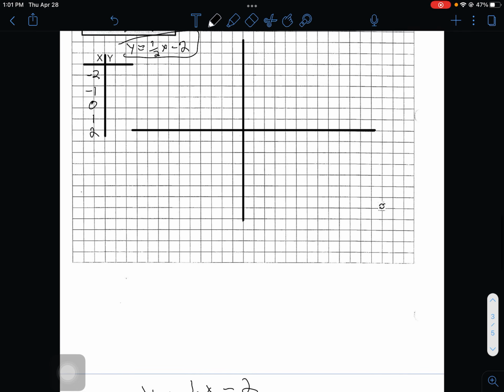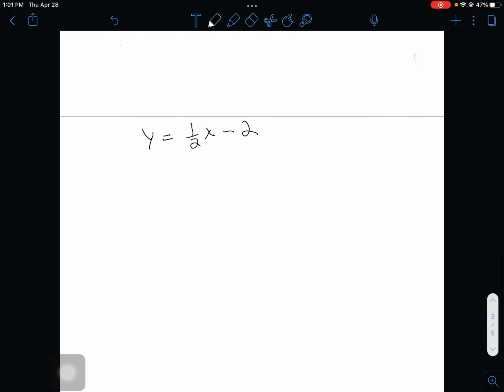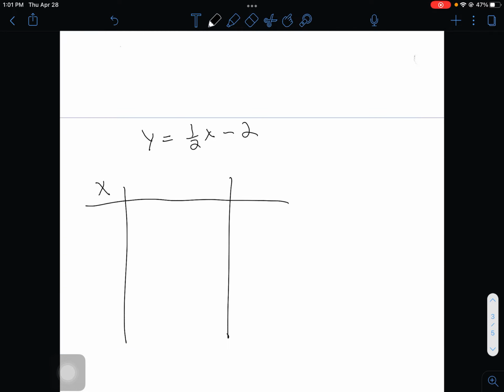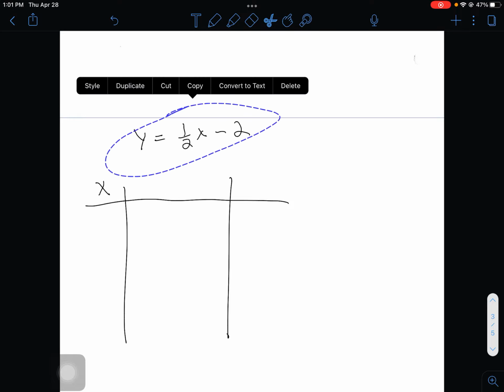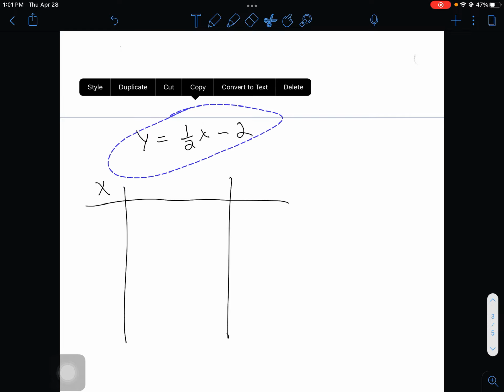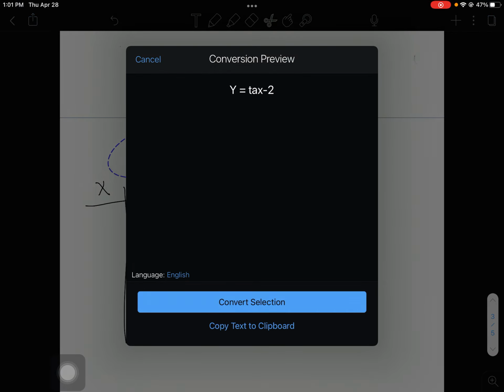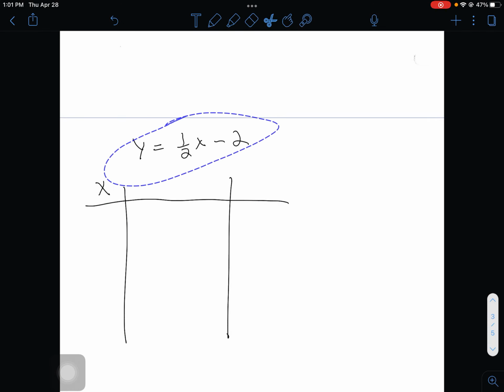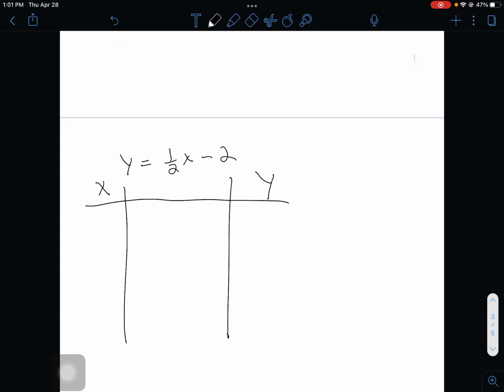The numbers we're going to try are the same numbers. I'll put them above, and then we're going to get out a y. So the x's are -2, -1, 0, 1, and 2.